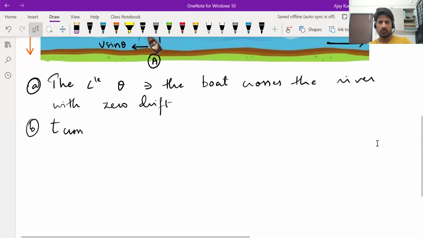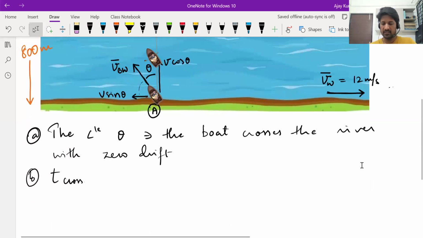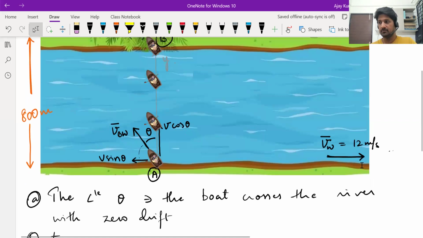We want the boat to cross the river with zero drift. Effectively, it means even after being dragged by water, the boat should move in the y direction. For that to happen, it should try to move at an angle upstream like this.